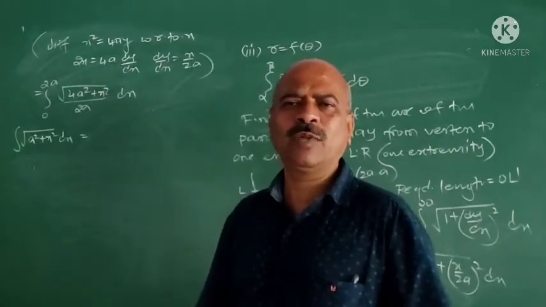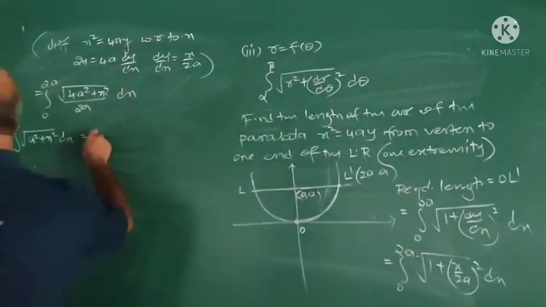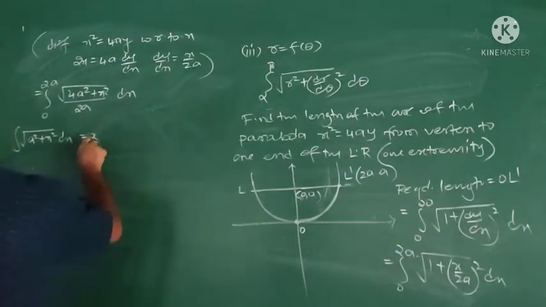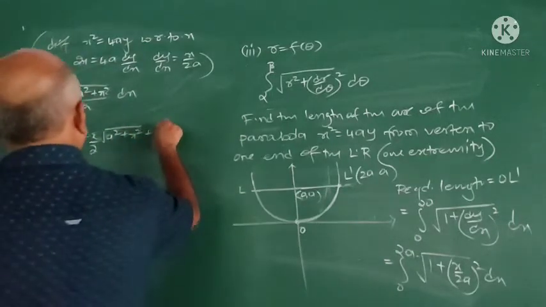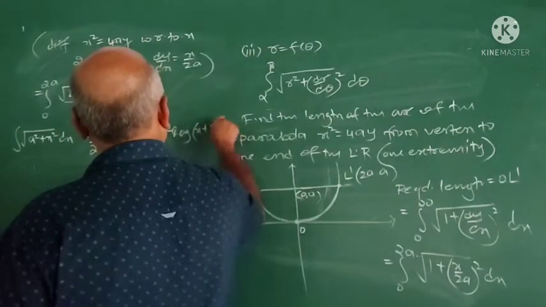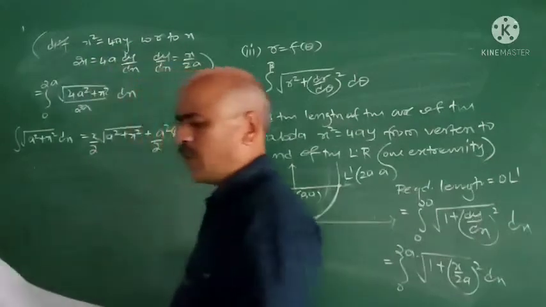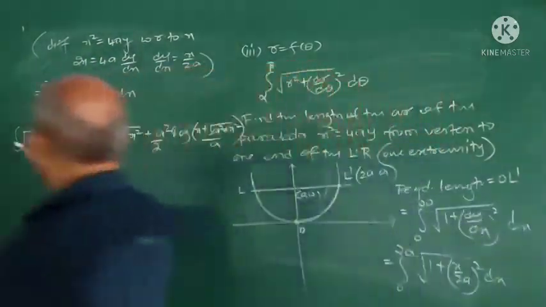This should be committed to memory. Root of a square plus x square is x by 2 square root of a square plus x square plus a square by 2 log of x plus root a square plus x square upon a. This is the formula.